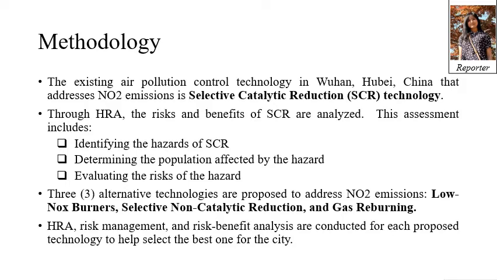Through HRA, the hazards of SCR are identified, the pollution affected by the hazard is determined, and the risks of the hazards are evaluated. The same process is done to the three proposed alternative technologies that also address NO2 emissions, which are low NOx burners, selective non-catalytic reduction or SNCR, and gas reburning.